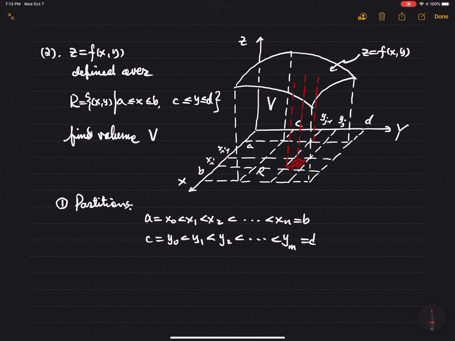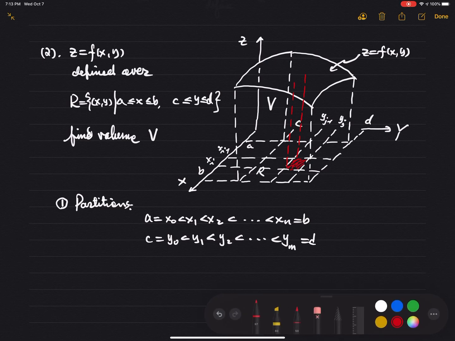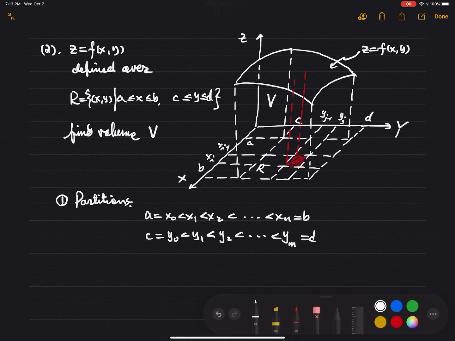Oops, let me see what I missed: the y-axis. Okay, we're going to have something like this.